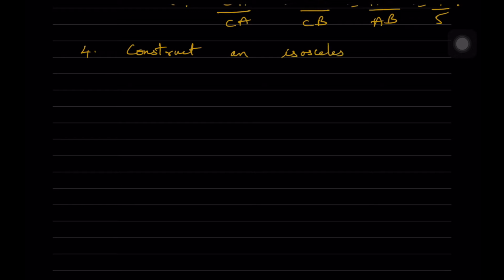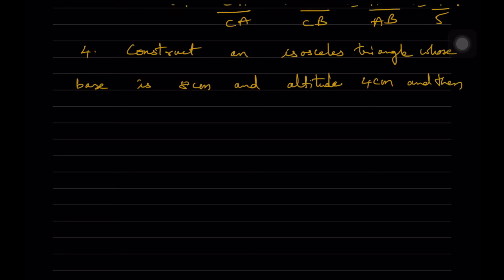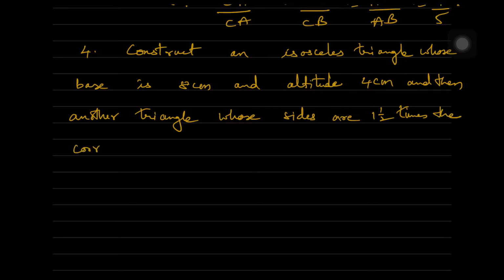Construct an isosceles triangle whose base is 8 centimeters and altitude 4 centimeters, and then another triangle whose sides are 1.5 times the corresponding sides of the isosceles triangle.